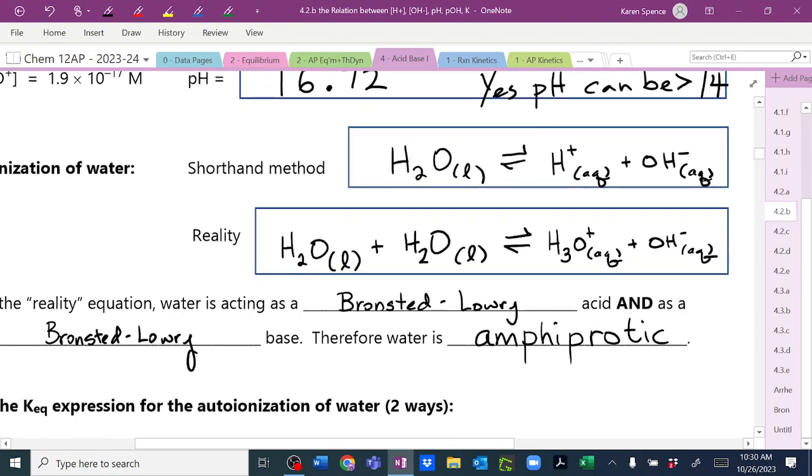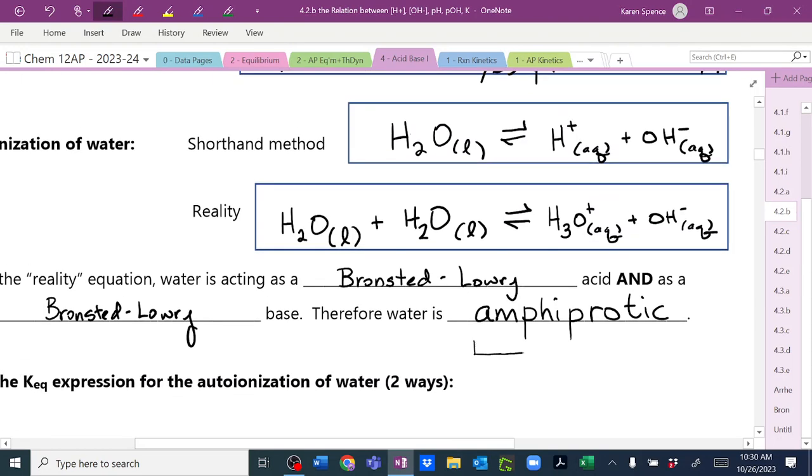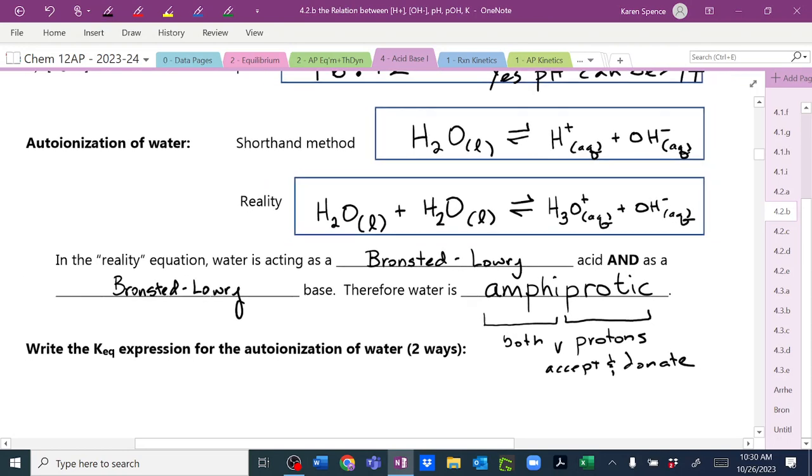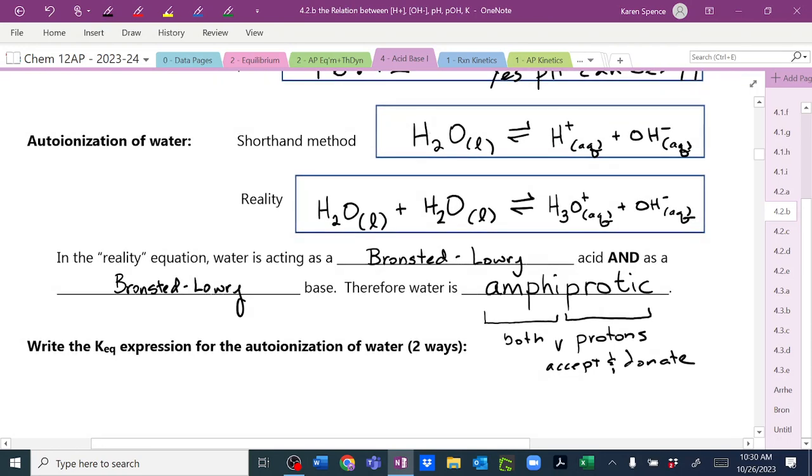So what does amphi mean? Amphi means both. Protic refers to protons. So it can both accept and donate protons. Could you please write two Keq expressions for the autoionization of water?